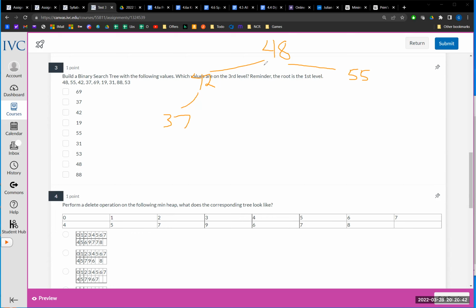So in our data set, 69, 19, 31, 88, and 53. And so we've got 37, 53, and 69 in our binary search tree. I'll assume no questions on that one.